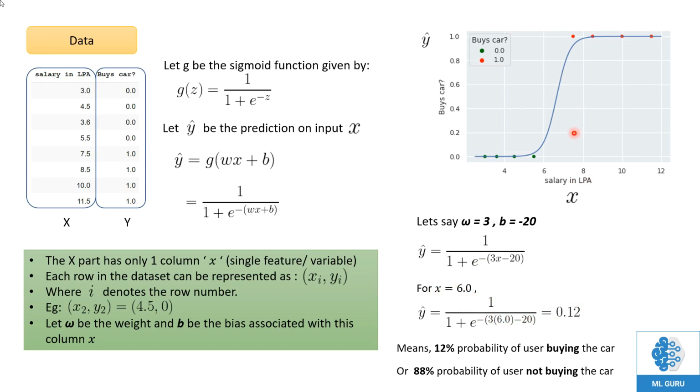Also you can see in this figure 6 is somewhere around here and the value is 0.12. Now if you multiply this by 100, it means that there is a 12% probability of this user buying the car, or if you subtract this number from 100, it gives 88%, meaning there's an 88% probability of the user not buying the car.